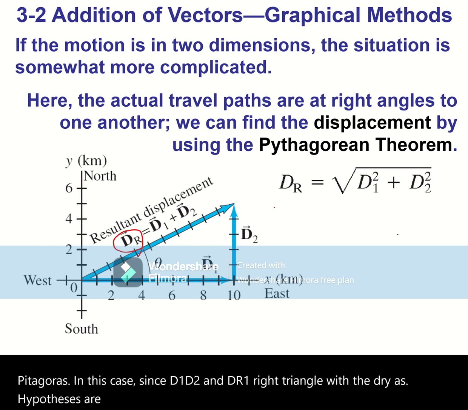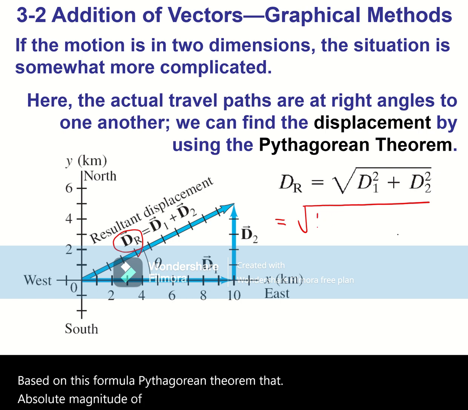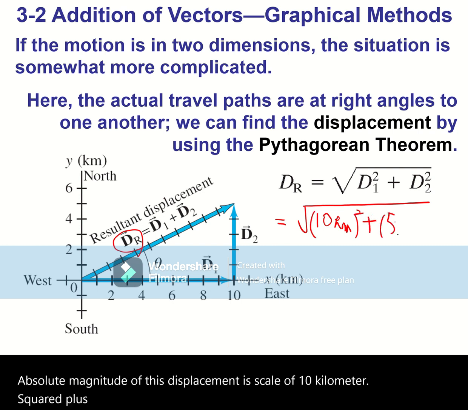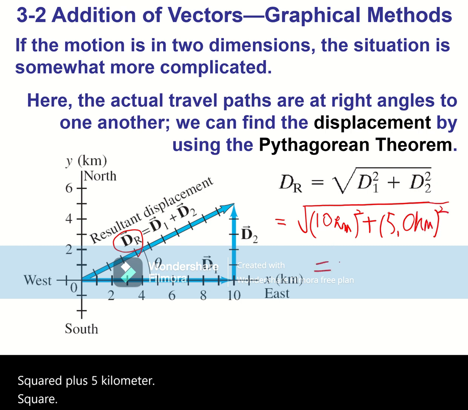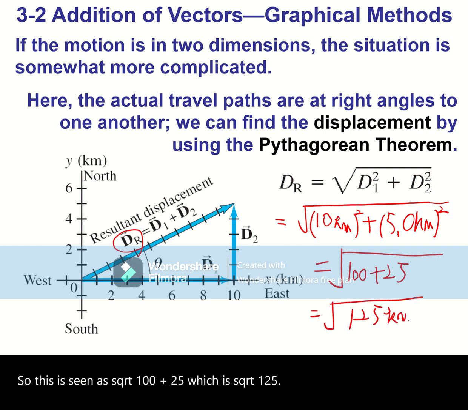So here, based on the Pythagorean theorem, the absolute magnitude of this displacement is the square root of 10 km squared plus 5 km squared. So this is the same as the square root of 100 plus 25, which is the square root of 125 kilometers squared.